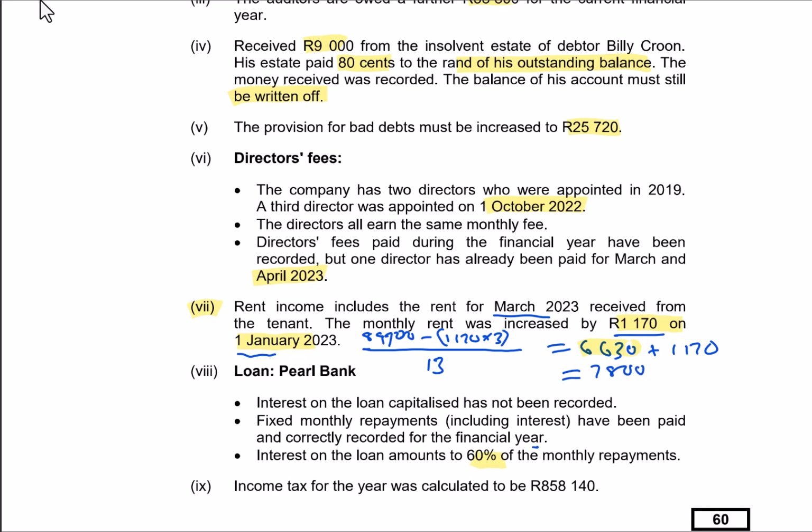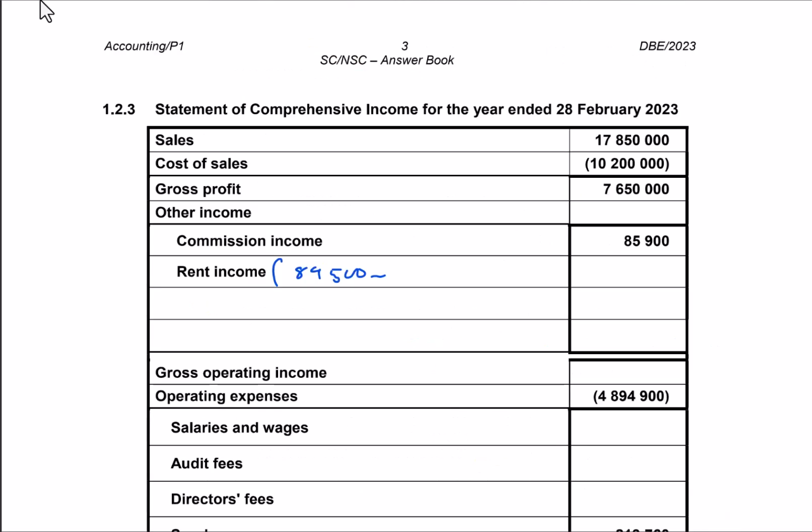So 7,800 was received for March, which you need to deduct, so minus 7,800. Then profit, we calculated this one on sale of vehicle. It's 3,100.